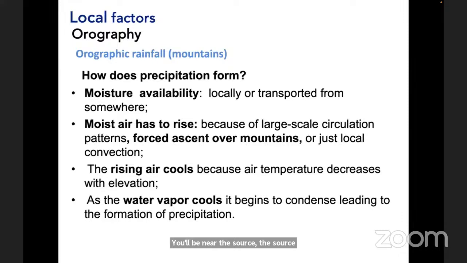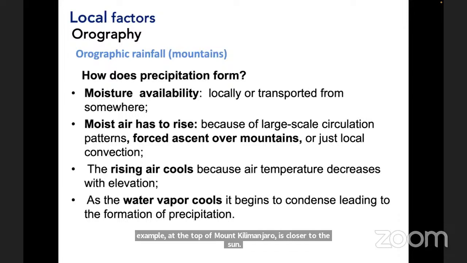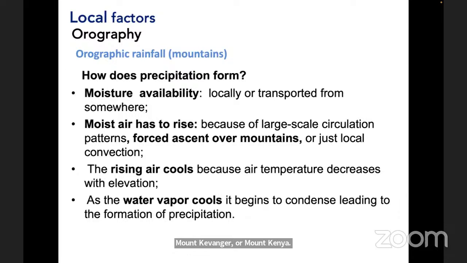For example, the top of Mount Kilimanjaro or Mount Kenya is closer to the sun than a place in coastal Mombasa, but still coastal Mombasa is much warmer than the top of Mount Kilimanjaro.